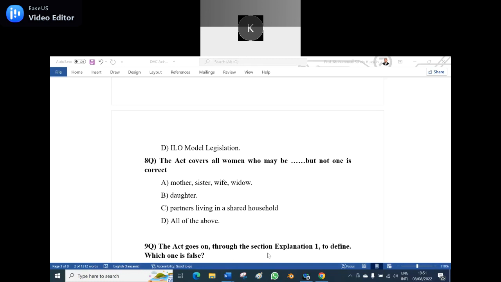Option D is wrong. The right answer is option B, daughter. Daughter will not come over there. All the rest of the things will come over there. Is it clear? Yes, sir.